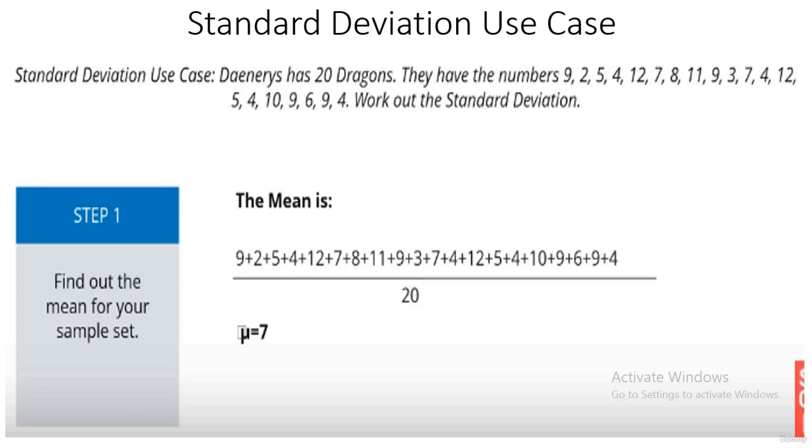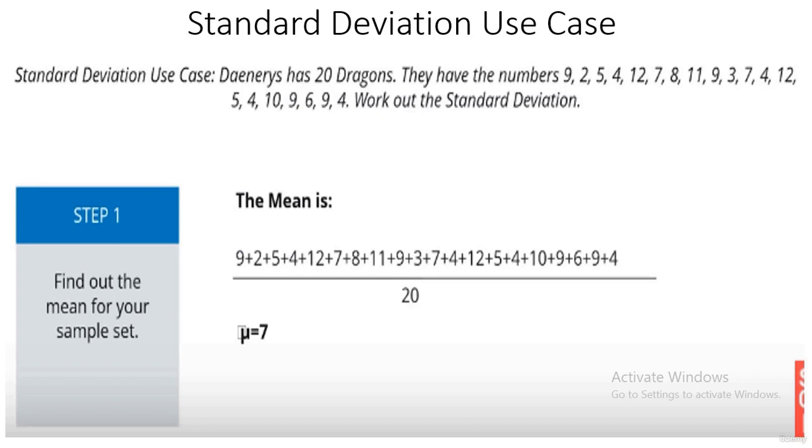Here we have a sample set of 20 in total. The first one is 9. We'll add all the figures, that is 9 plus 2 plus 5 and so on, divided by 20, and if we calculate this, the mean mu is equal to 7.